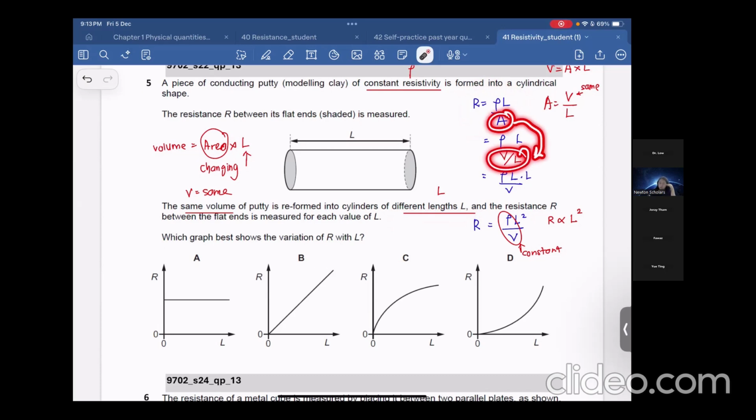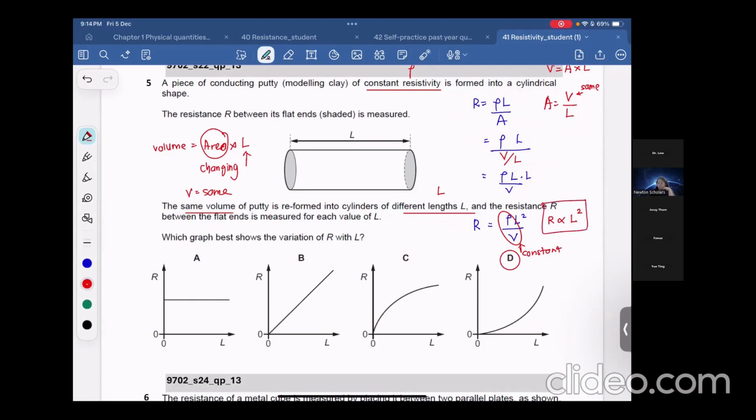We found that the volume is constant, so we use volume divided by length, and then I need to turn it upside down. So here, R is directly proportional to L squared. In your mathematics, the graph shape should be like this.